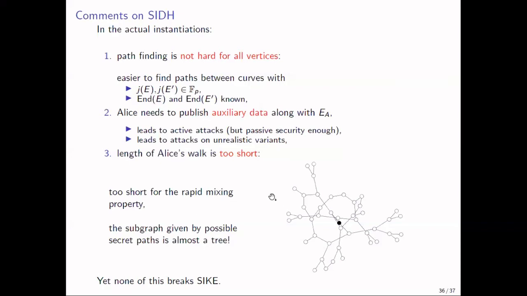So you don't really end up with a uniformly random public key. And you're not even taking advantage of the full graph, the subgraph of all the elliptic curves that are ever reachable by the protocol that generates Alice's public key. That's just going to look like a tree.